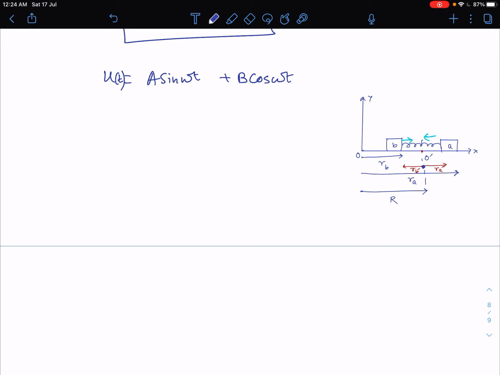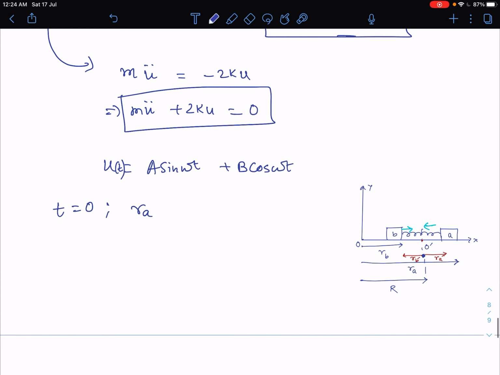Now we need to consider the initial conditions. When t equals 0, Ra minus Rb equals L. Ra minus Rb is similar to Ra prime minus Rb prime equals L. That means Ra prime minus Rb prime minus L equals 0, so u at t equals 0 is 0.